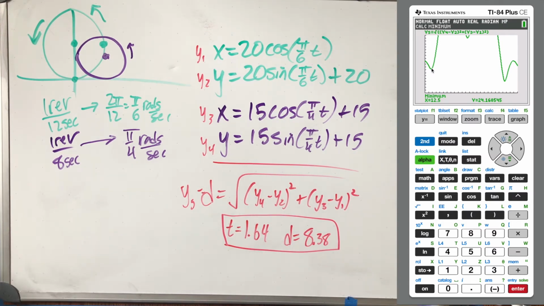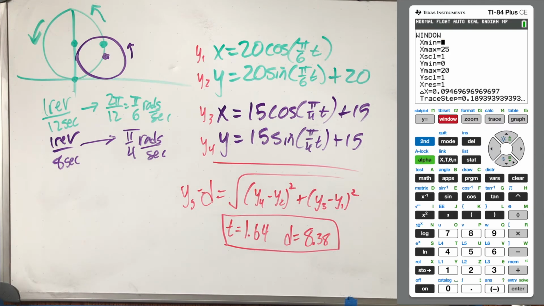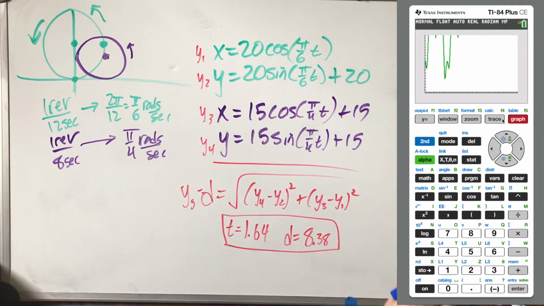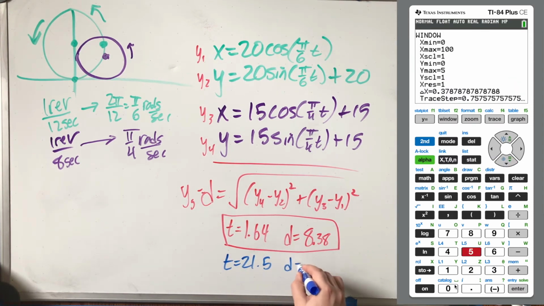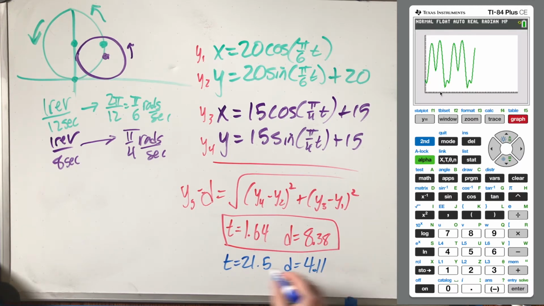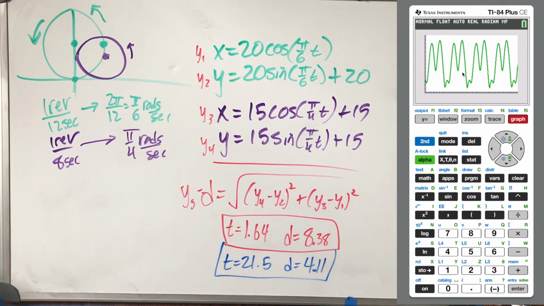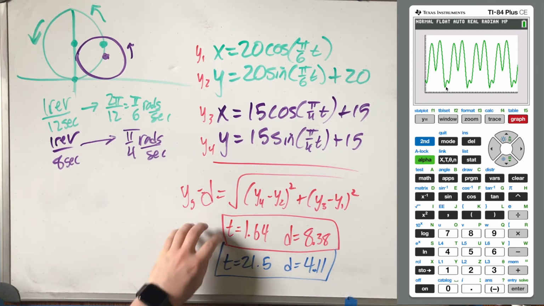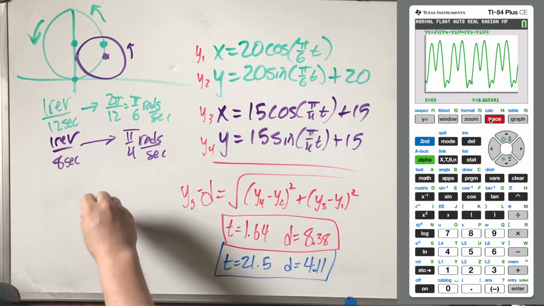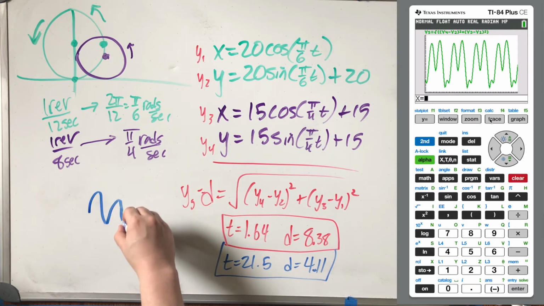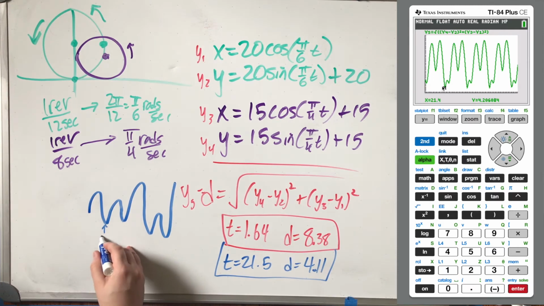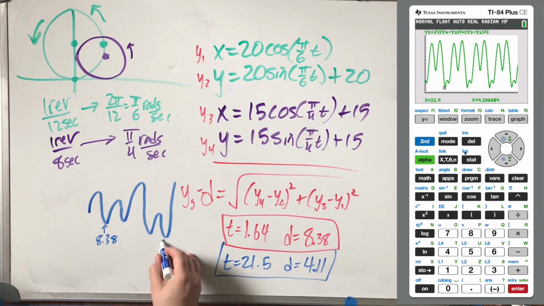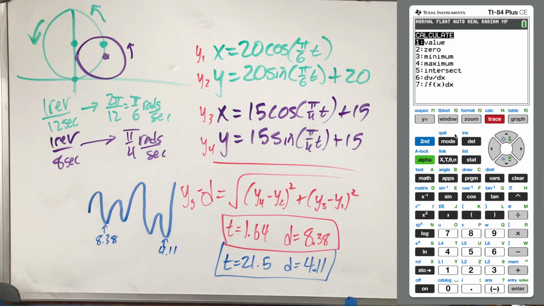But if we continue looking at the graph, meaning we expand our time values, because we don't have any real time values here, we find later on that there's a time at 21.5 where the distance is actually much closer, 4.11. So this is not something that would pop up on a test where I would trick you like this, but if you actually continue to let this graph go, their distance basically goes like this, and there's the first point that we see at the 8.38, and then later on there's a 4.11 as the minimum distance.